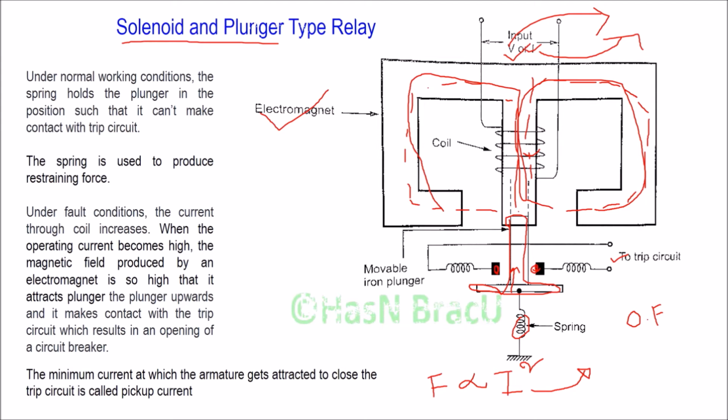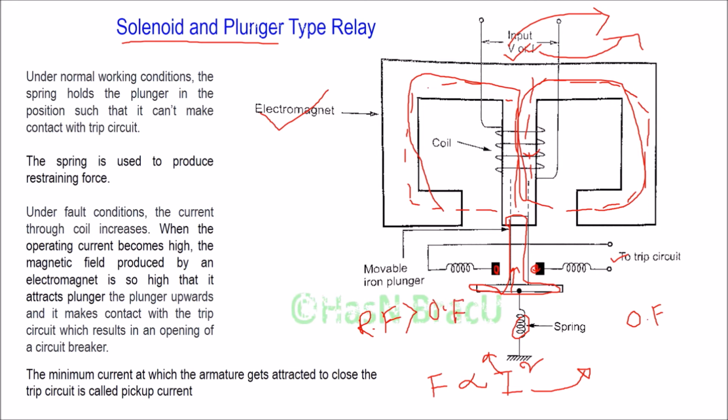So this amount of force which is produced due to the less amount of current in the normal condition, this force is not strong enough to be greater than the restraining force of the spring. This means under normal condition, the restraining force is greater than operating force.